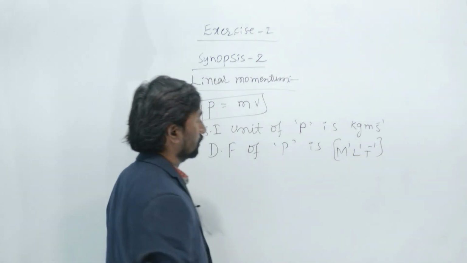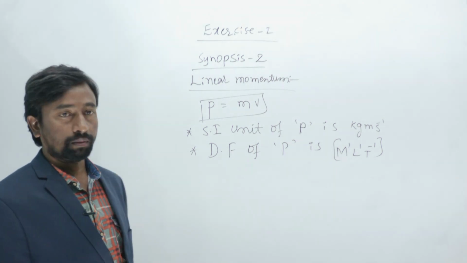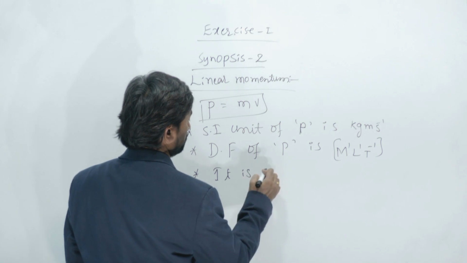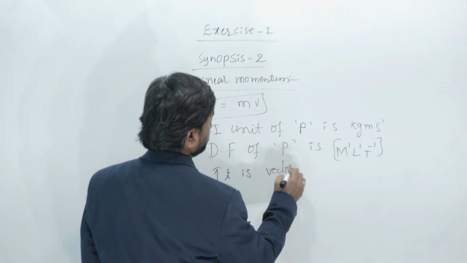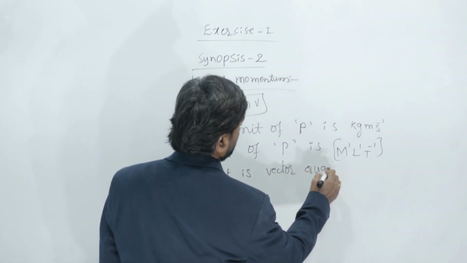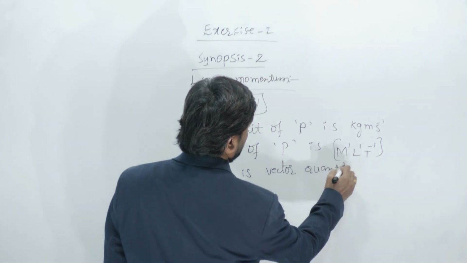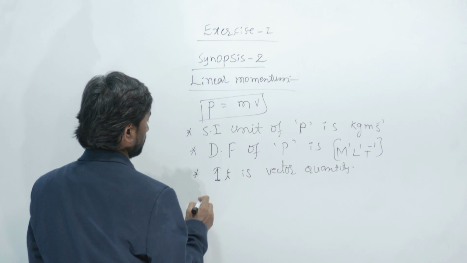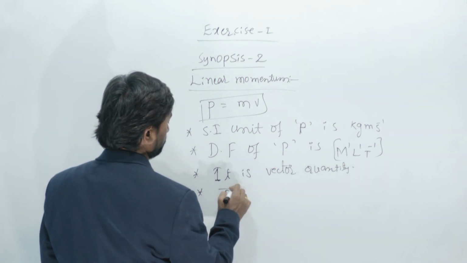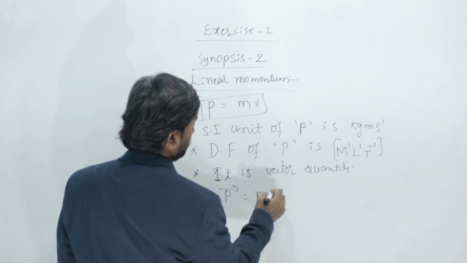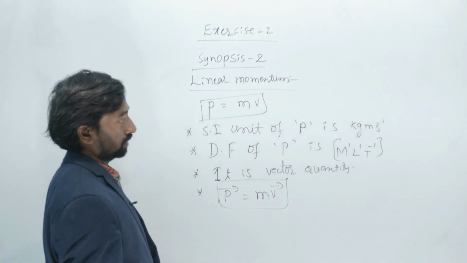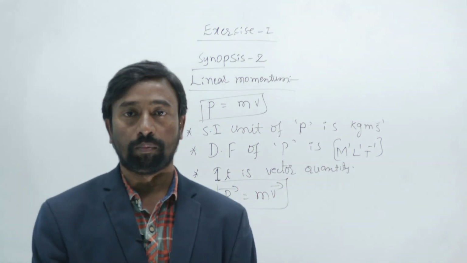That is the dimensional formula of linear momentum. It is a vector quantity. In vector notation, it can be written as P bar equals m into V bar. Okay, this is about the linear momentum.